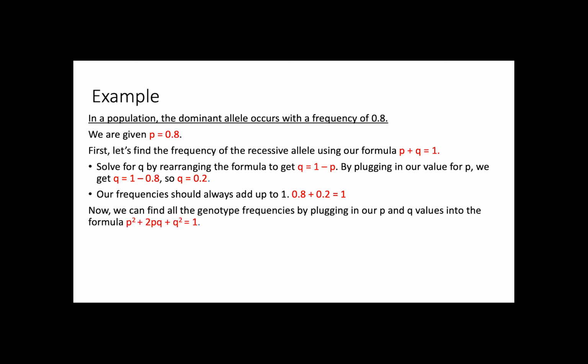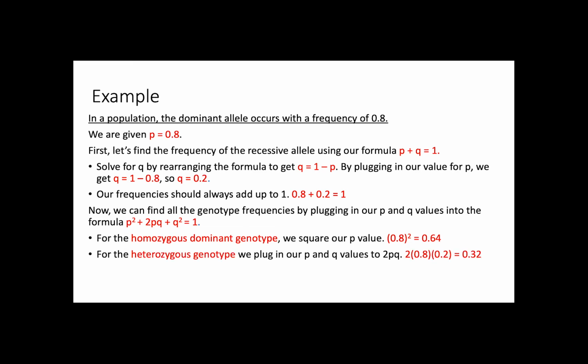Now we can find all the genotype frequencies by plugging in our P and Q values into the formula P squared plus 2PQ plus Q squared equals 1. For the homozygous dominant genotype, we square our P value to get 0.8 squared equals 0.64. For the heterozygous genotype, we plug in our P and Q values to 2PQ to get 2 times 0.8 times 0.2 is 0.32.